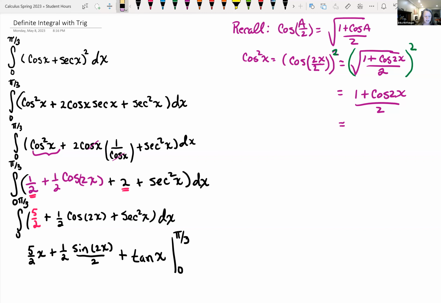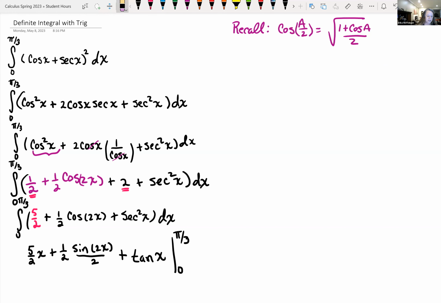Okay, so now all we need to do is use the rule for definite integrals. We're going to evaluate that antiderivative at our upper bound, pi thirds, minus our lower bound of 0. So we're looking at the antiderivative at pi thirds minus the antiderivative evaluated at 0.